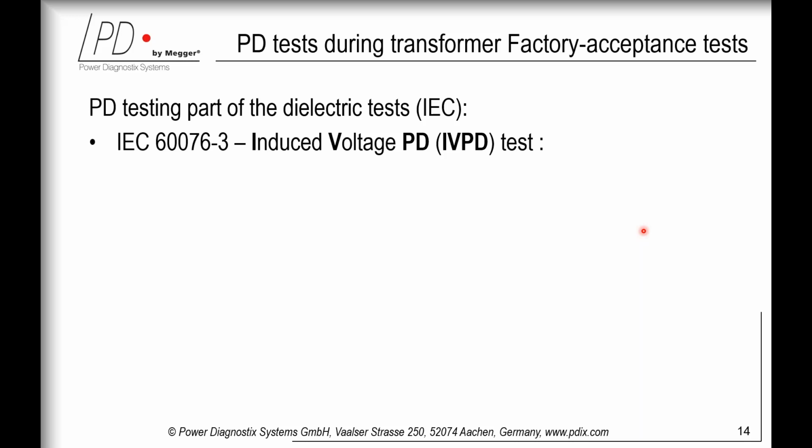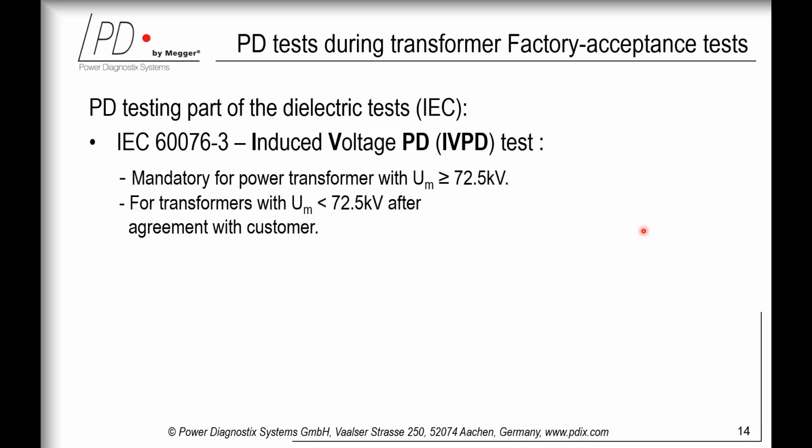According to the IEC 60076-3, PD testing is mandatory for power transformers with a maximum voltage above 72.5 kV, and for transformers below this 72.5 kV, it has to be done in agreement between customer and manufacturer, or if the agreement looks different, it doesn't have to be done.